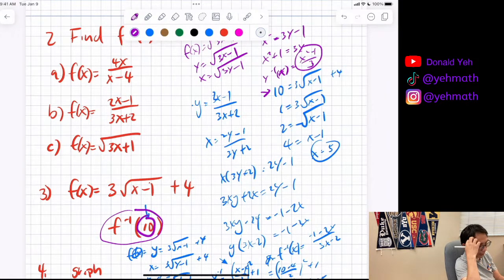So I subtract 4 on both sides, I get 6. I divide by 3 on both sides, 2. I square both sides, I get 4. And then plus 1 to the other side, so it's going to be x equal to 5. And that will be my answer, f inverse of 10 is equal to 5.